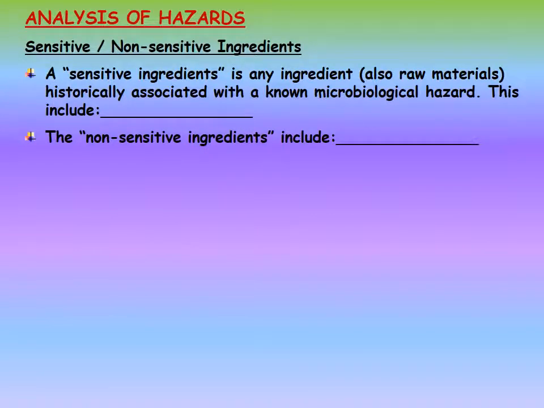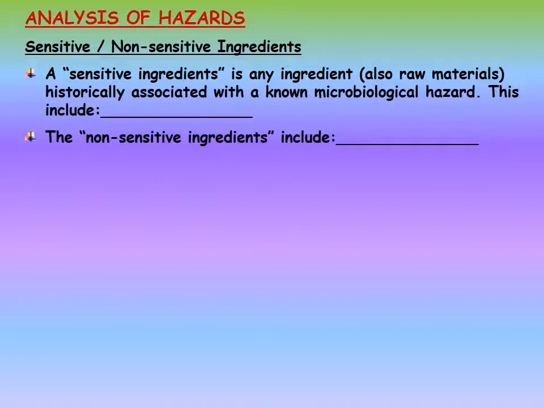Okay, analysis of hazard: sensitive and non-sensitive ingredients. A sensitive ingredient is any ingredient, also called a raw material, related with a known microbiological hazard.